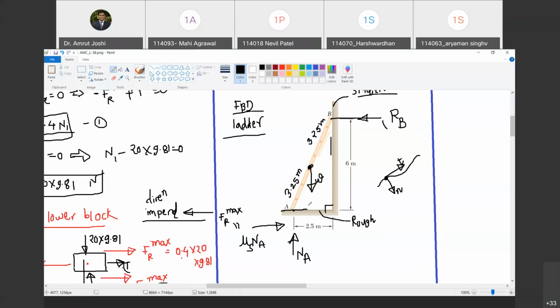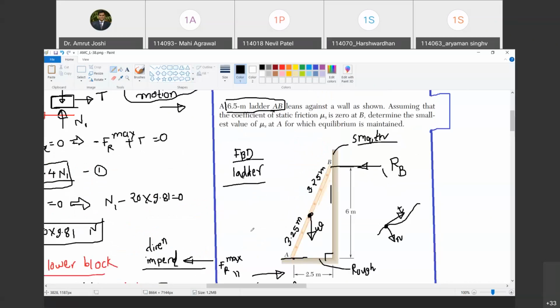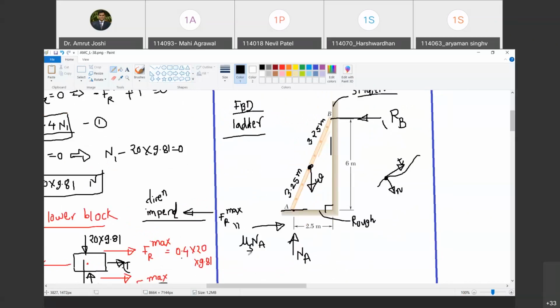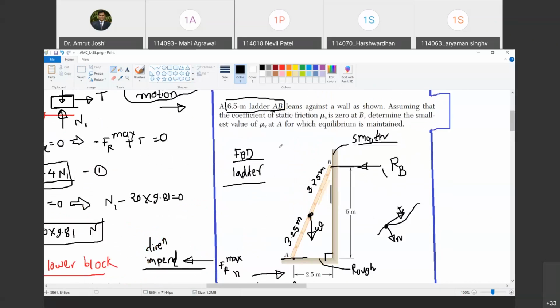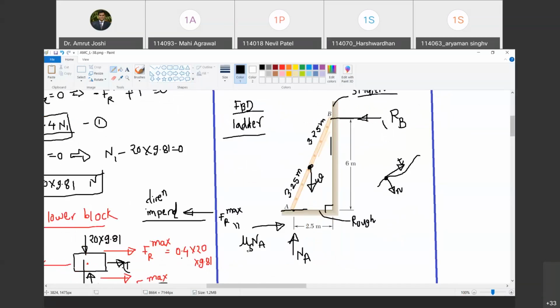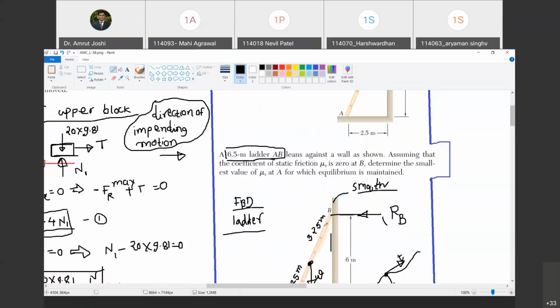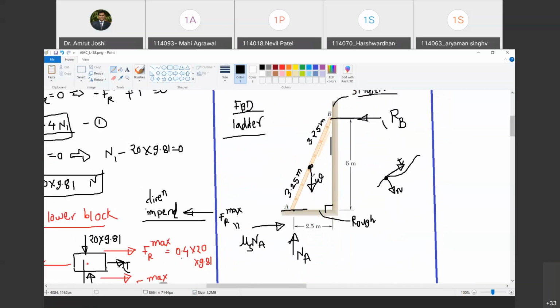Now tell me what should I do? I am going to apply equations of equilibrium because I am interested in finding the smallest value of mu(s) at which equilibrium is possible. So I assume that mu(s) is that value for which equilibrium very well prevails. In this sense, the ladder is now exhibiting an impending motion.